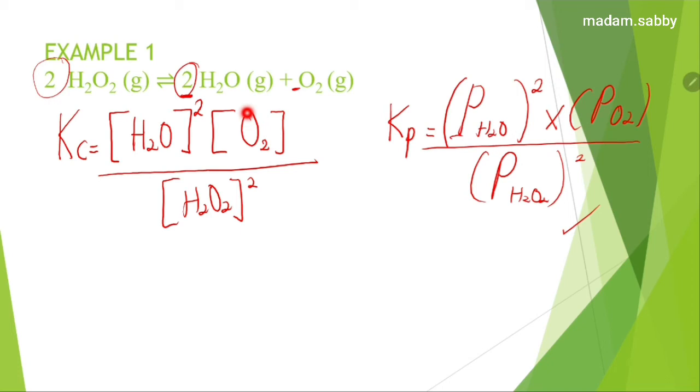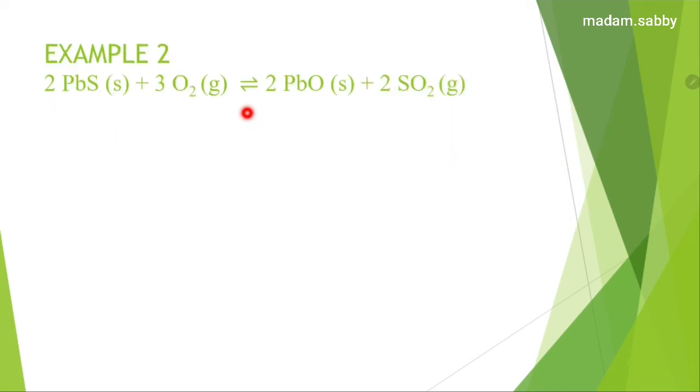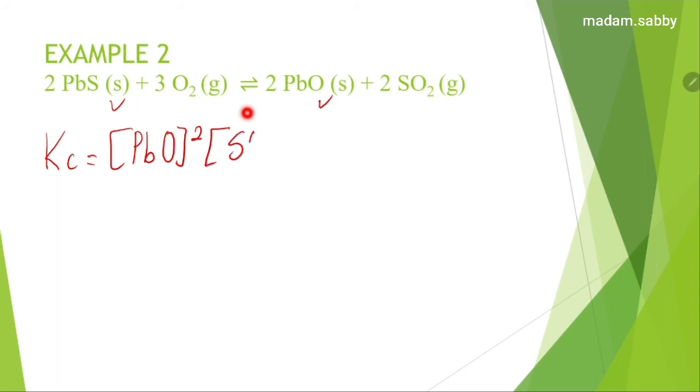Okay, let's try a different example. Now I have solids in both reactants and products. So write down the Kc first: PbO squared, SO2 squared. Where does this square come from? It comes from the stoichiometric coefficient.